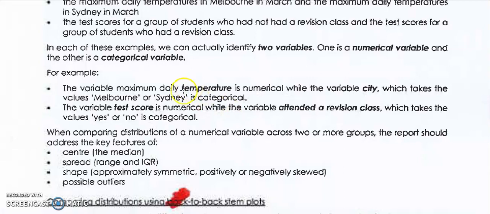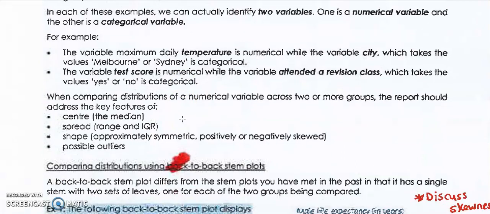Okay. So when we compare these distributions for a numerical variable across the two and sometimes more groups, the report should address these very important key features. The center, also known as the median or Q2, the spread, both the range, the highest versus lowest, and the IQR, the Q3 take Q1.